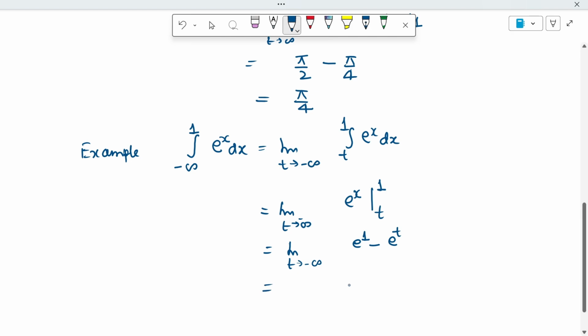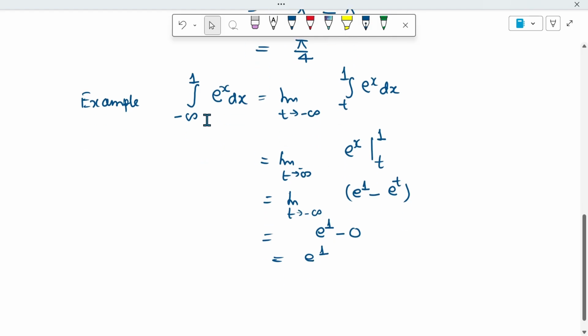As we know, if t is tending towards minus infinity, then e raised to power t will be tending towards 0. So e raised to power 1 stays the same, this will be 0, and the answer will be e raised to power 1. So this improper integral's limit is e.